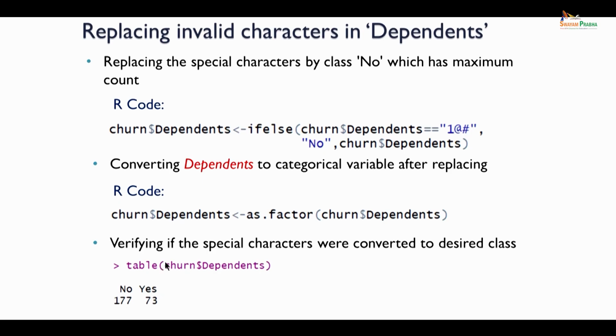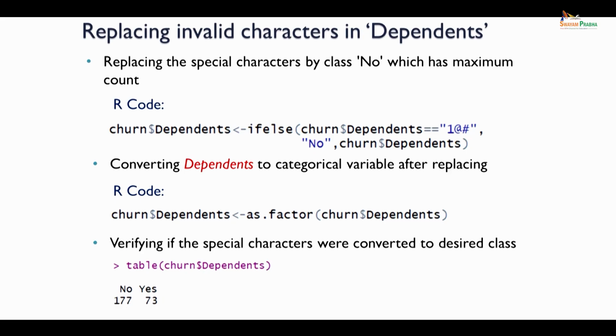Now, we are going to verify if the special characters were converted to the desired class or not. We use the same function called table to get the frequencies under the dependents column. Now, you can see all the special characters have been replaced as no, so that we have 177 observations under no and 73 observations under S. So, now we have cleaned the column dependents.